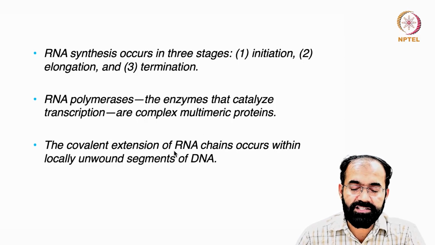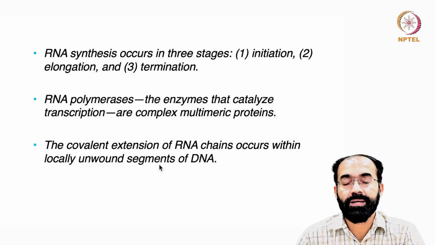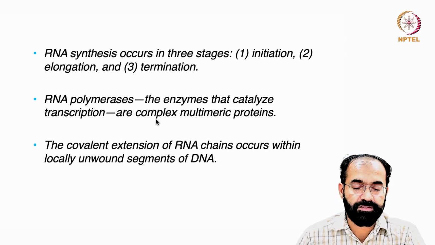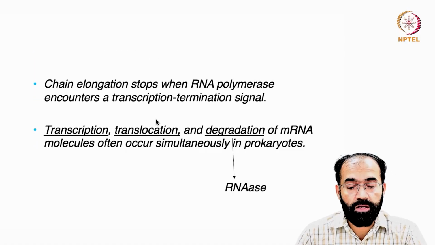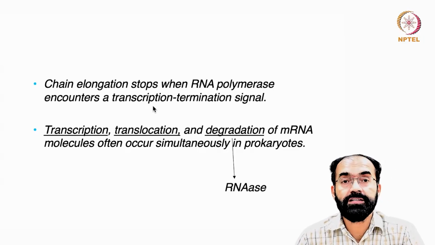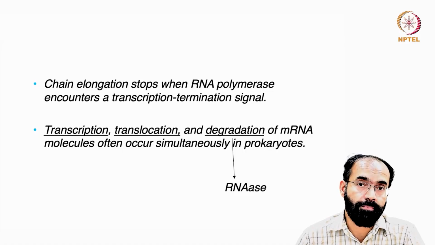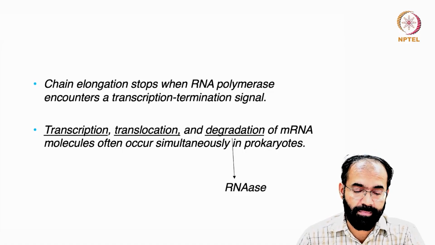The covalent extension of RNA chains occurs within a locally unbound segment of DNA. So this is the recap of what we have seen so far. Chain elongation stops when RNA polymerase encounters a transcription termination signal. The dissociation happens either in a Rho-dependent or Rho-independent manner.